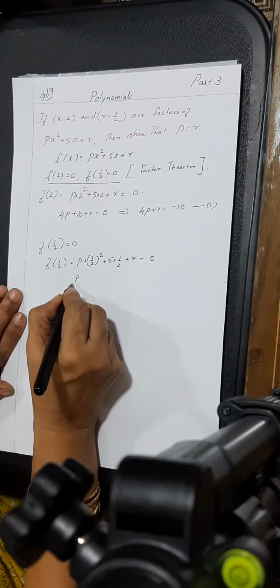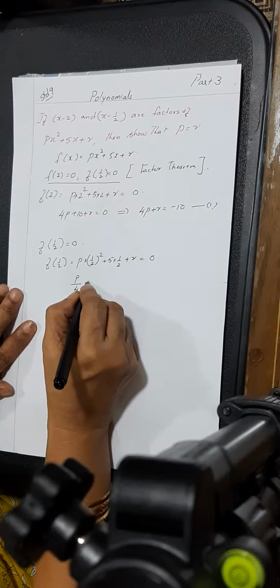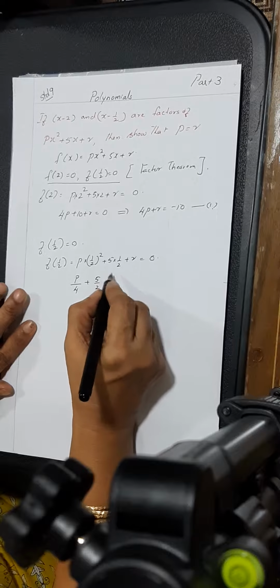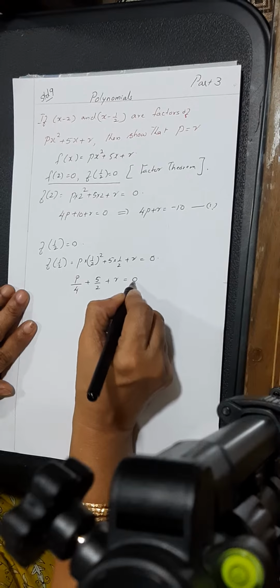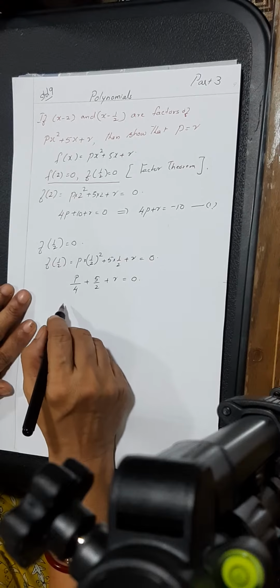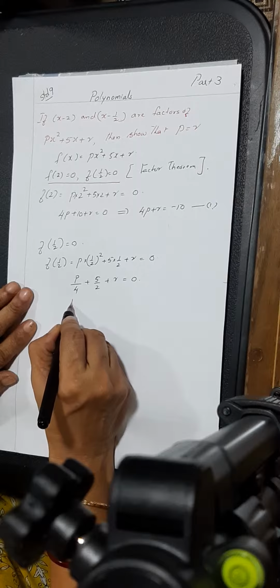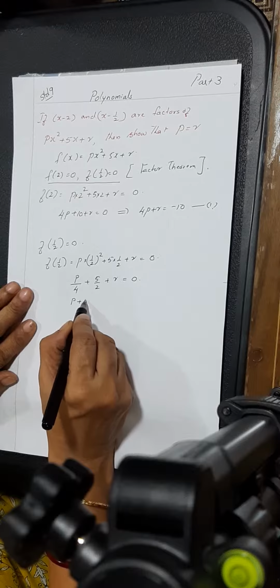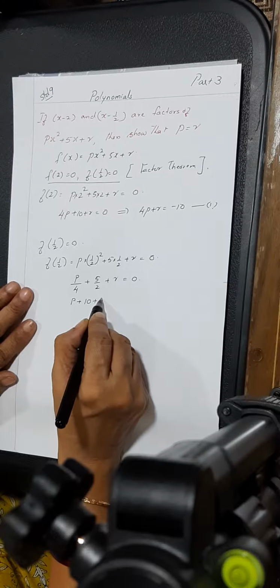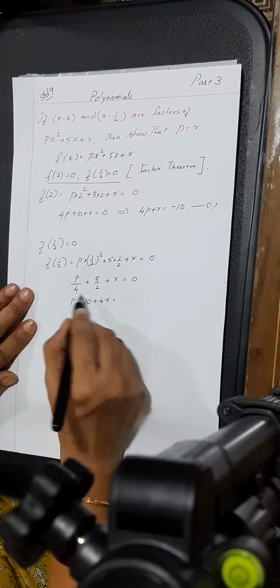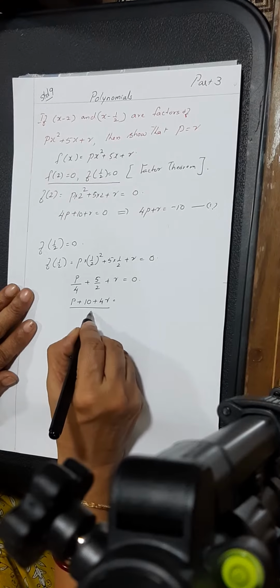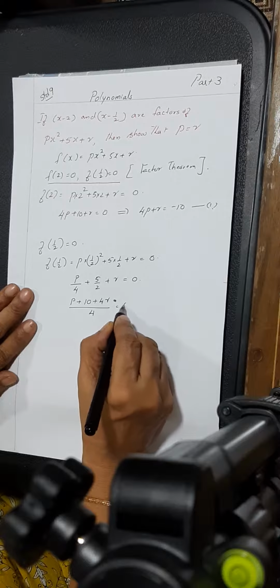So p by 4 plus 5 by 2 plus r is equal to 0. Simplifying this, taking the LCM as 4, we get p plus 10 plus 4r by 4 is equal to 0.